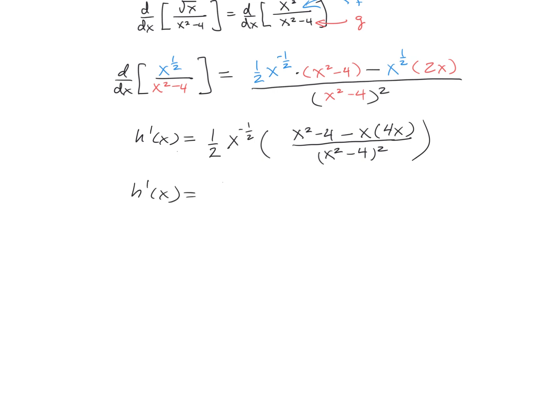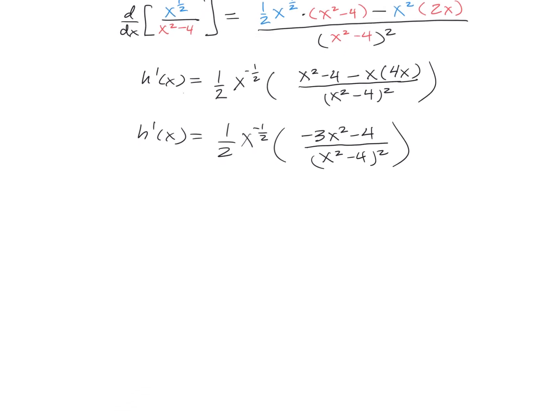And again, we just have 1/2 x to the negative 1/2. And then inside our parentheses, we have an x squared minus a 4x squared. So that makes negative 3 x squared minus 4 over top of x squared minus 4 quantity squared. And we could do one more rewrite for this.